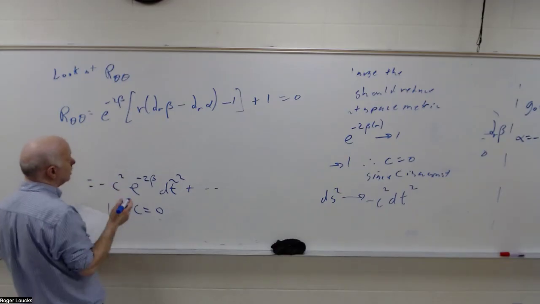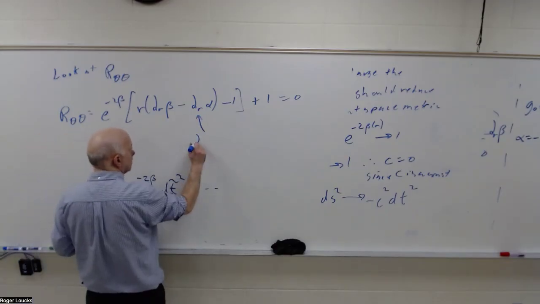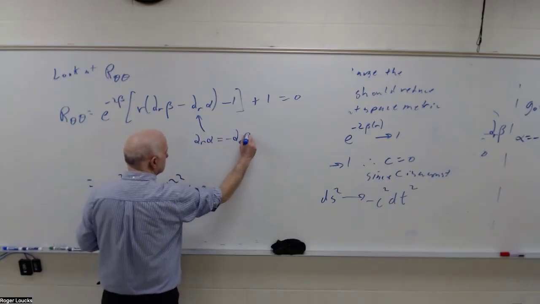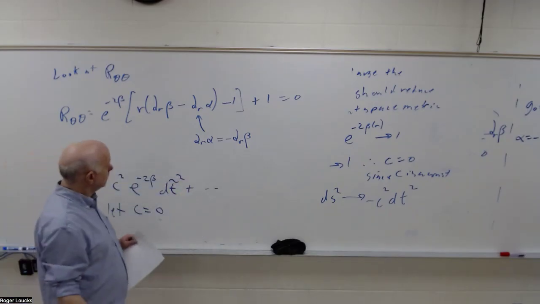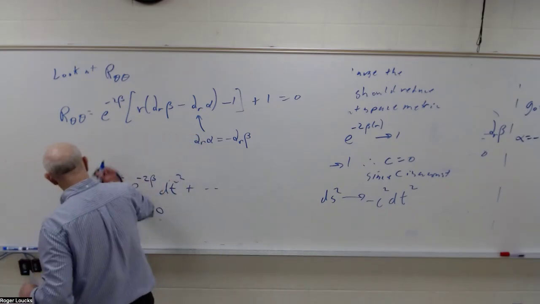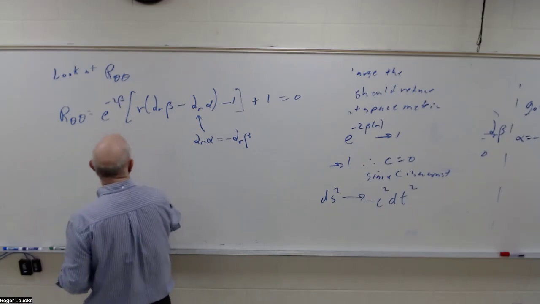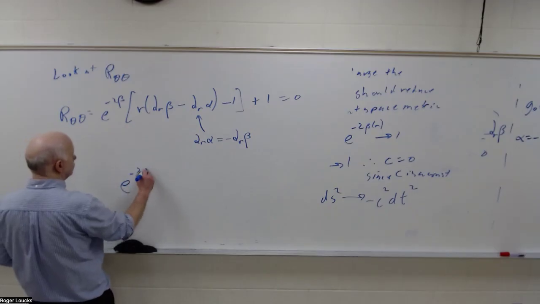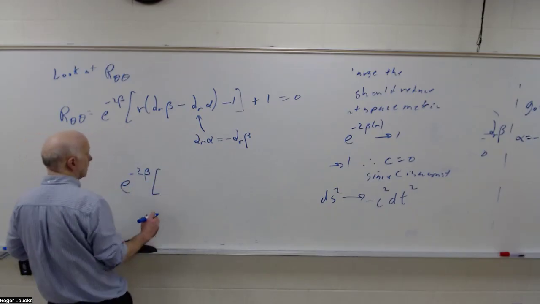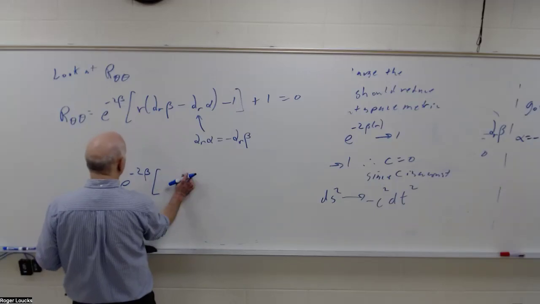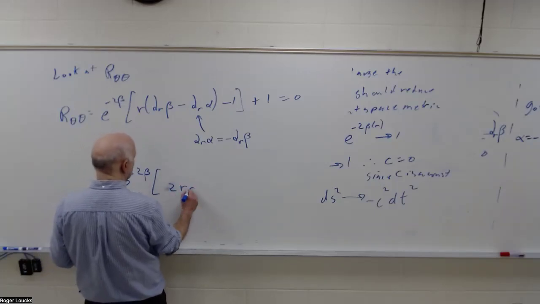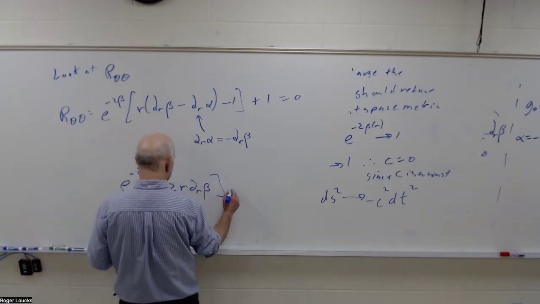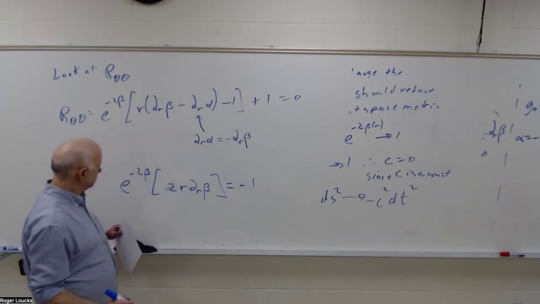Right? So this guy here, my partial of alpha with respect to R, has to be this guy, and that result over here. So this gives me e to the minus 2 beta times R, no, sorry, there's a 2 here, 2R partial R with respect to beta here. And that has to equal minus 1.